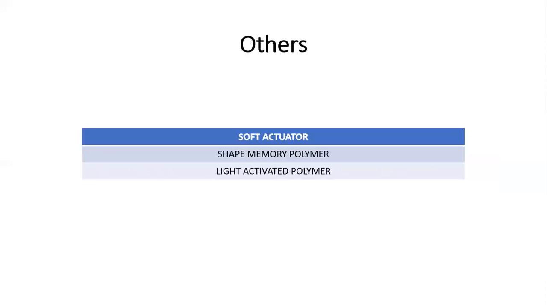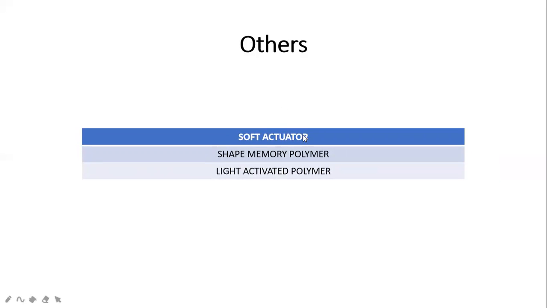So next, these are some other types of actuator: soft actuator, shape memory polymer, and then light activated polymer. In the light activated polymer, it will depend on your light system. Shape memory polymer will depend on the shape of your memory.